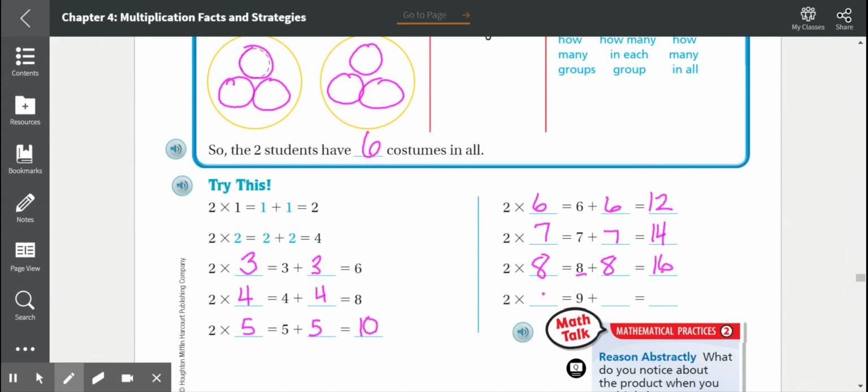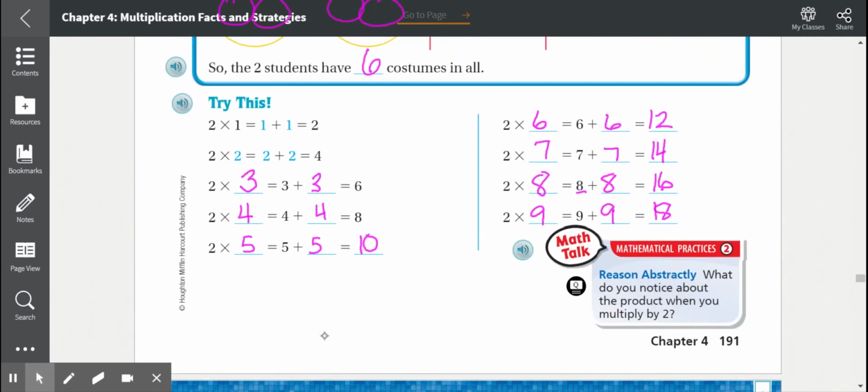And then 2 times 9 equals the same thing as 9 plus 9, which is 18. Okay, they don't have the last one here. What if we did 2 times 10? That is just like doing 10 plus 10, which is what? 20. So we know that 2 times 10 equals 20.